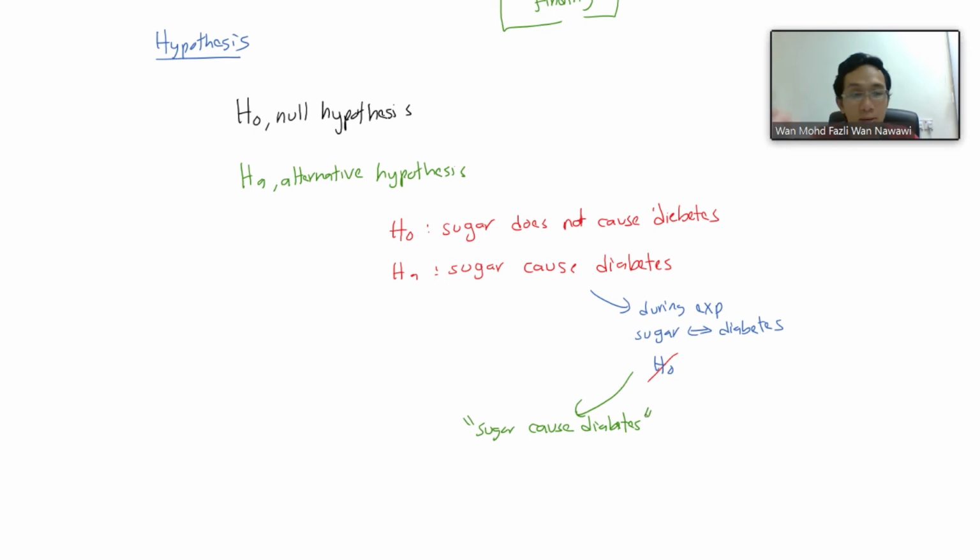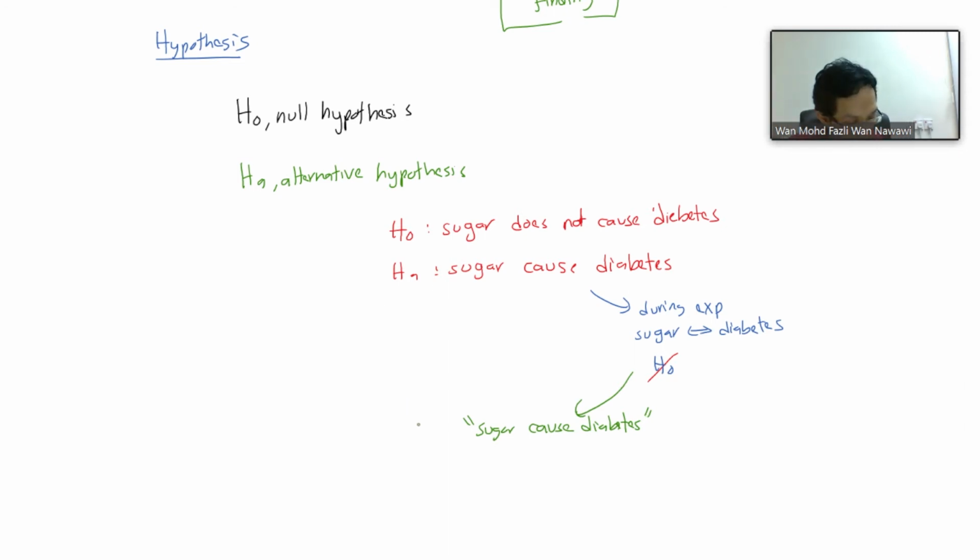So there may be cases, maybe some person somewhere, maybe in Antarctica, who can consume 1 kilogram of sugar per day for 10 years, but still not have any diabetes outbreak. Then you can say that your alternative hypothesis will be rejected.